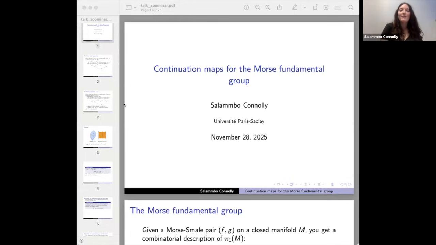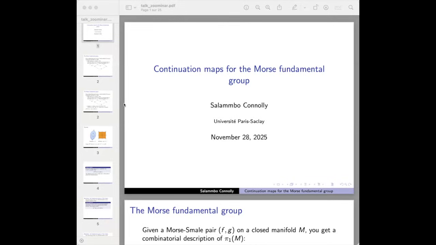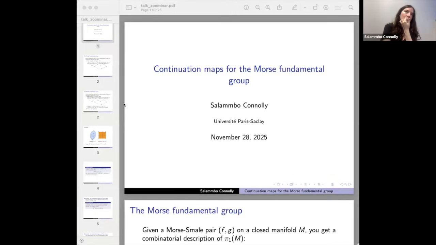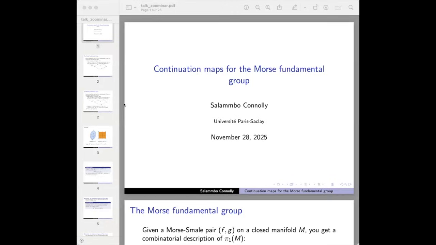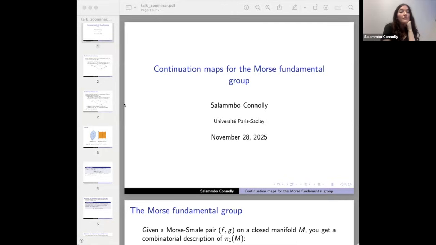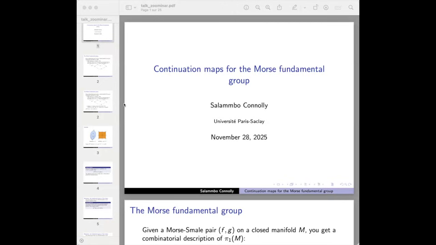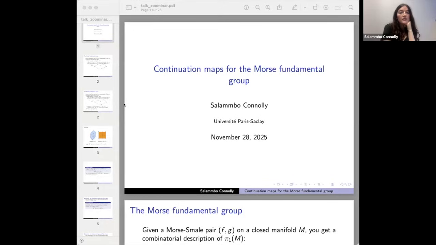I'm sorry, my Wi-Fi kind of went for a second. When you define symplectic cohomology, you don't really need continuation maps. You can choose a quadratic Hamiltonian at infinity, but instead you need some maximum principle. Interesting.